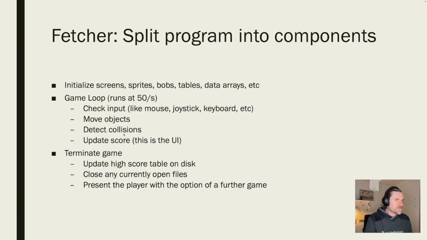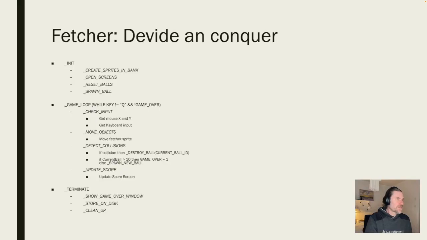So as I said, this is more or less the same. So you can reuse it when you have sort of done it once. You can reuse it for other games. Of course, you need to change it a little bit here and there, but the basic structure will be the same. Okay, and when you have done that, the thing you need to do is divide the code into smaller and smaller components.